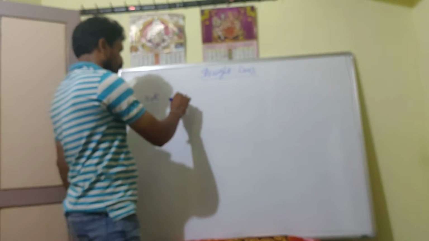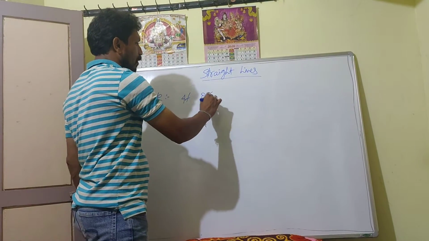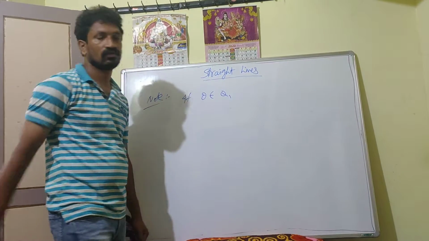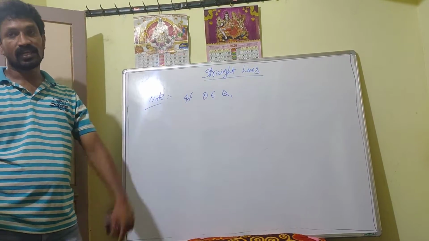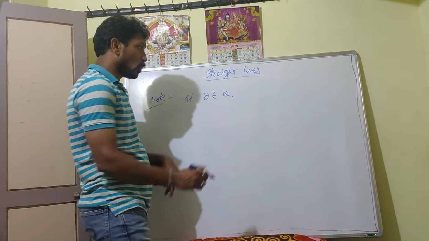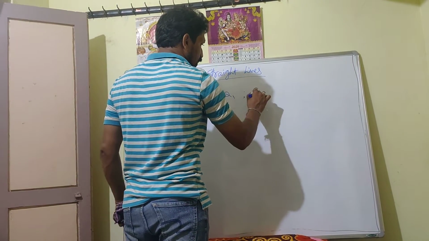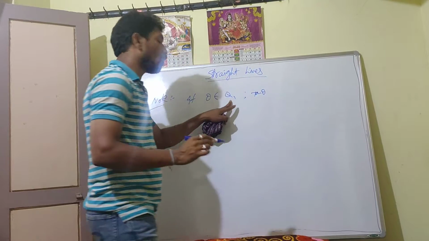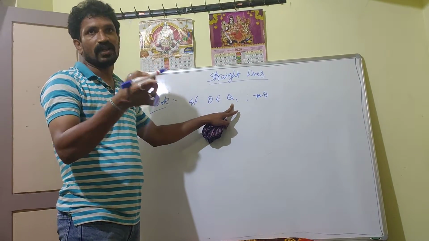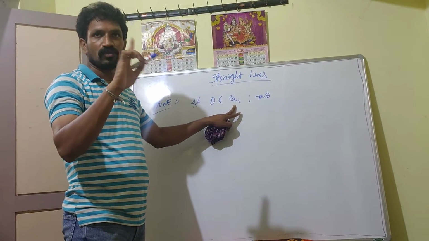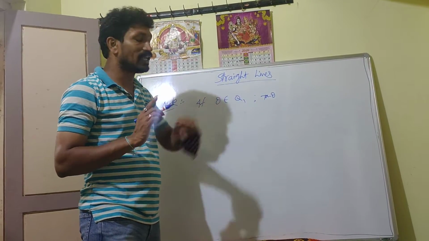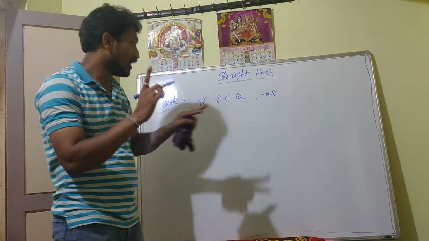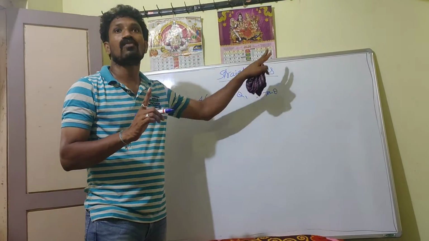If this inclination theta belongs to quadrant 1, then the slope is tan theta. First quadrant theta means any angle lies in between 0 to 90, and in that range the tan function is always positive.